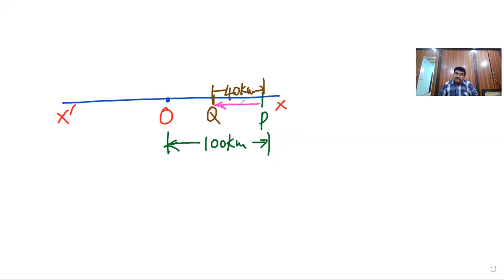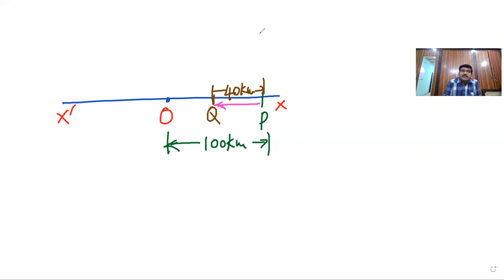Observe very carefully. The object started from the reference point O and traveled a path length of 100 kilometers up to P. Again from P, it is doing the backward journey. It has come back up to Q in the reverse direction, 40 kilometers. Now, what is the total distance traveled?